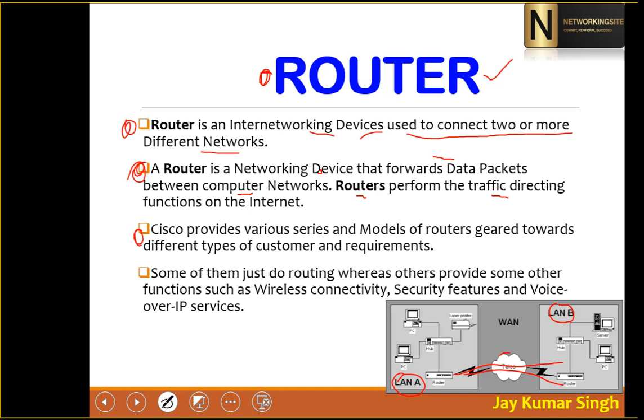We will come to know the capacity of each router, what it can perform. There are some other Cisco devices which provide wireless connectivity, security features, voice over IP functions. But we are going to work on routing and switching. Security comes after this.